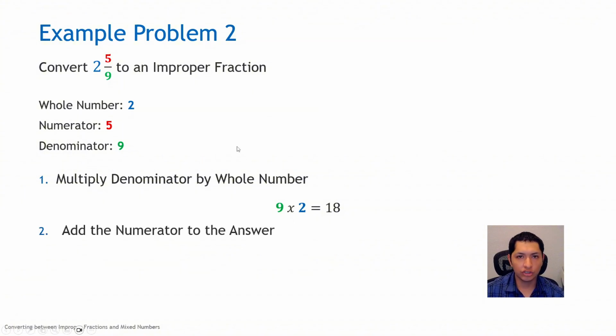Next, you add the numerator to this answer of 18, so it becomes 18 plus 5, which is 23. And finally, this new answer becomes the new numerator in the improper fraction, and so the answer to 2 and 5/9 as an improper fraction is 23/9.